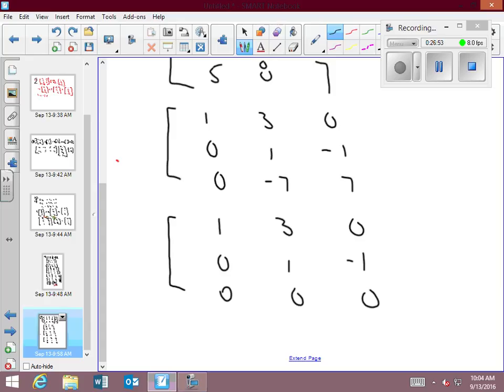Why or why not? No, because why? There's no pivot position in the u column. That says x3 is free. There's no pivot, so there's no solution. That's Theorem 4, the last one.